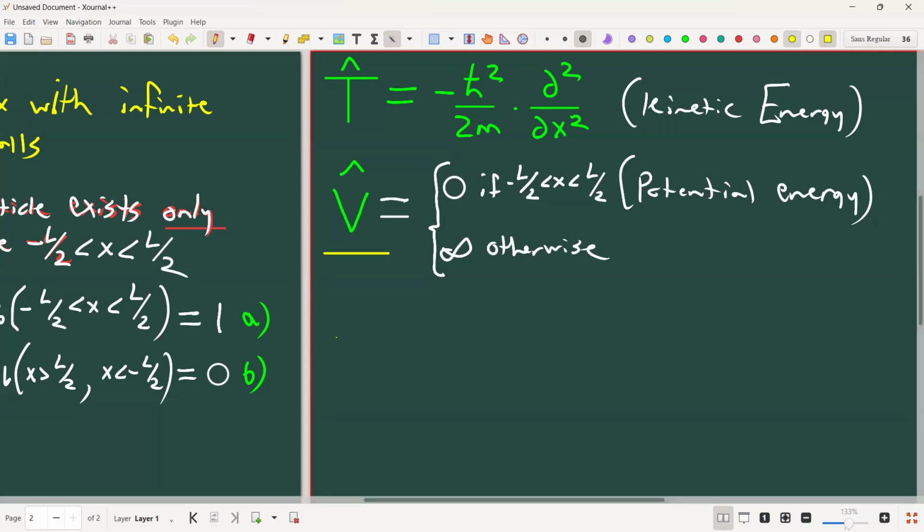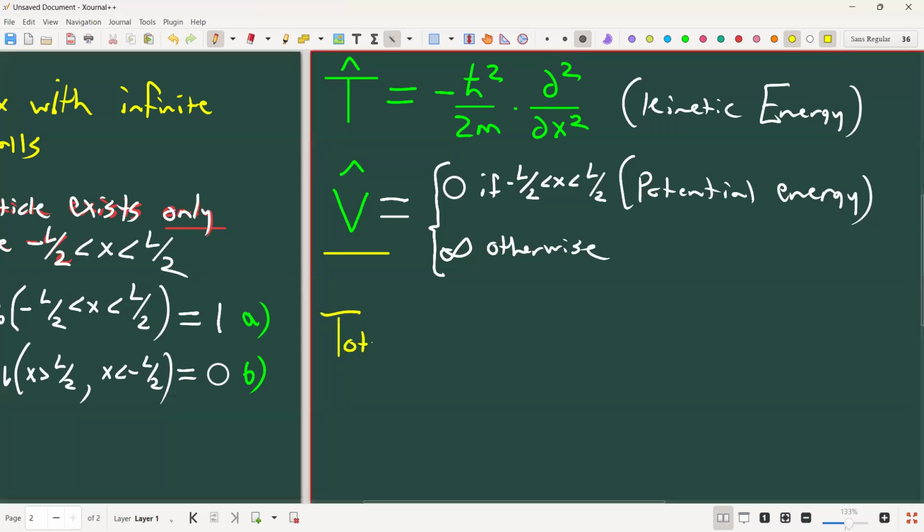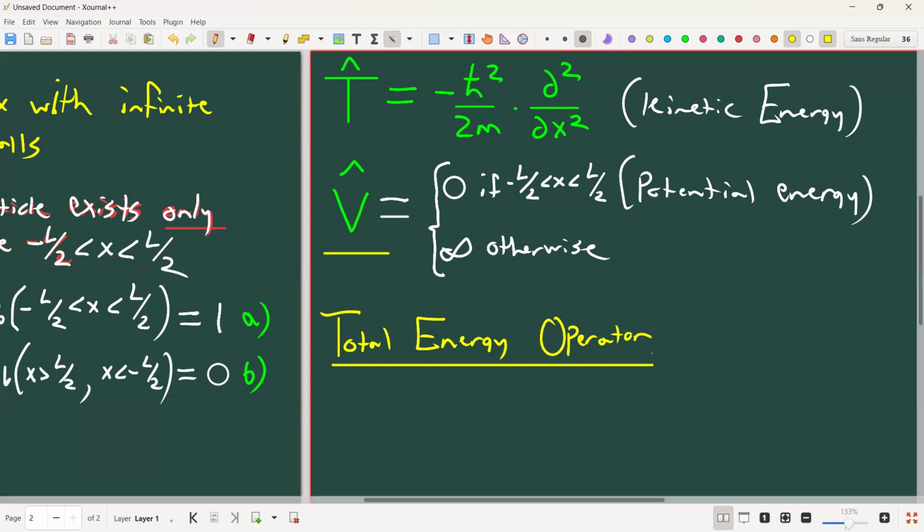Now what we're going to do is define a new energy operator, which is the total energy. We now have a potential and kinetic energy, so we need to add them together to measure the total energy.